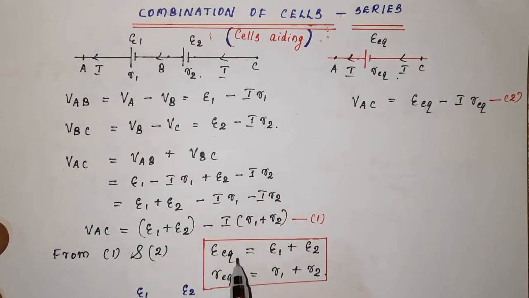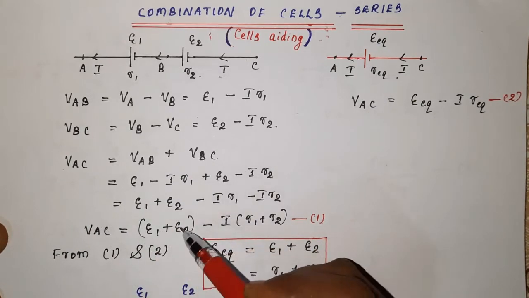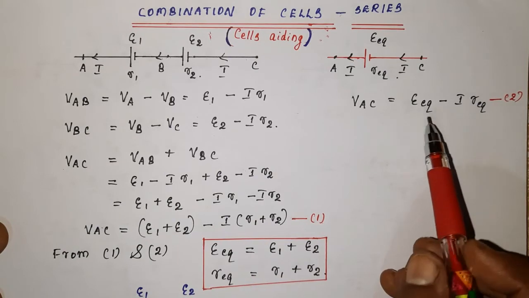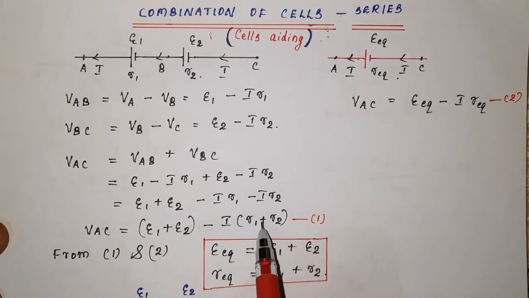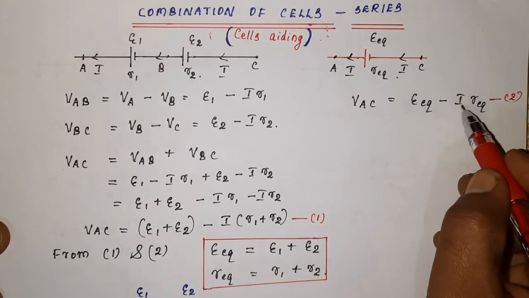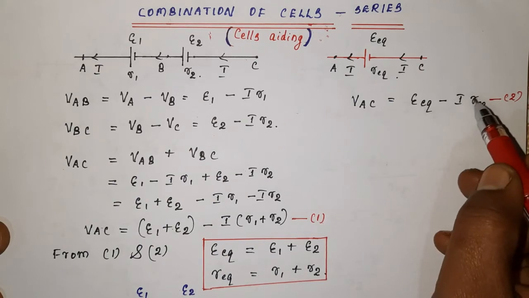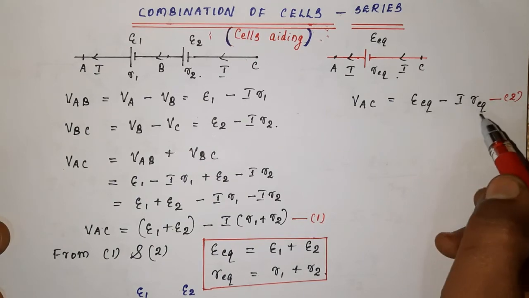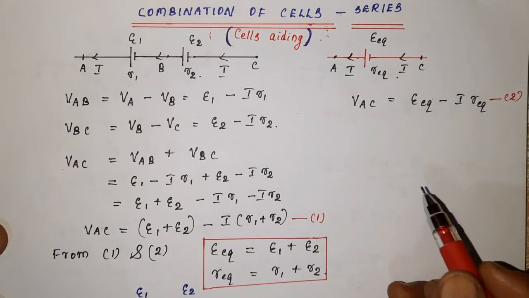So from 1 and 2 we have epsilon equivalent equal to epsilon 1 plus epsilon 2. How are we getting this? The left hand sides are the same, so we can equate the right hand sides. On the right hand side there are two terms, and here also two terms. One is the term in I. So the coefficients of the terms in I should be the same and the constants also should be the same.